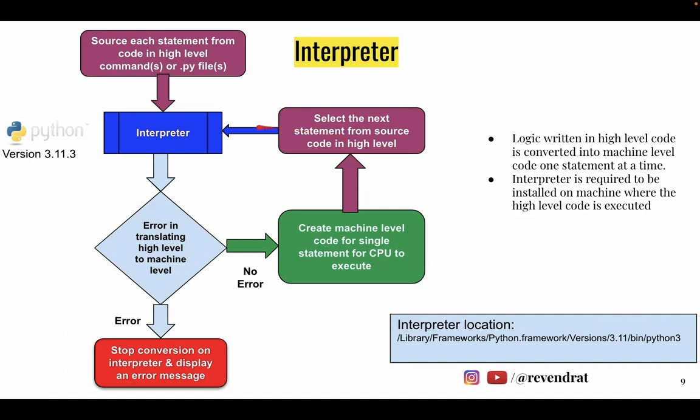The interpreter goes to the next block of statements, and this process continues sequentially, converting the high-level language into machine-level language. It's important that the interpreter is available on your machine while running this Python program. I hope this is clear to you.